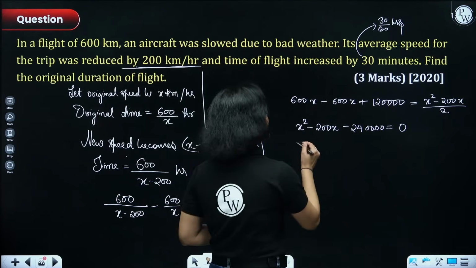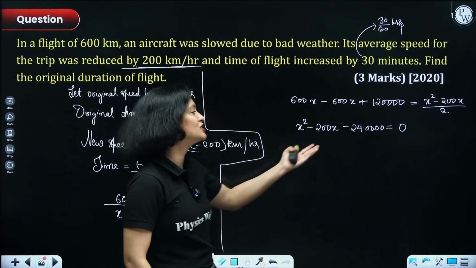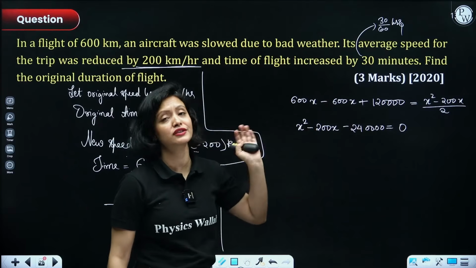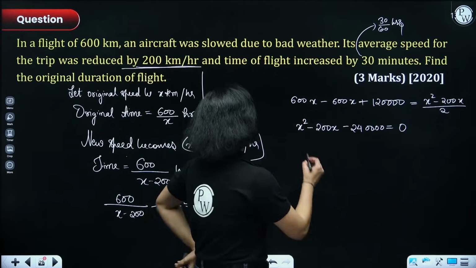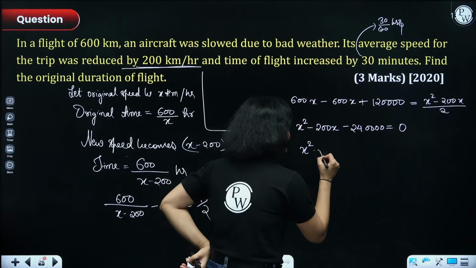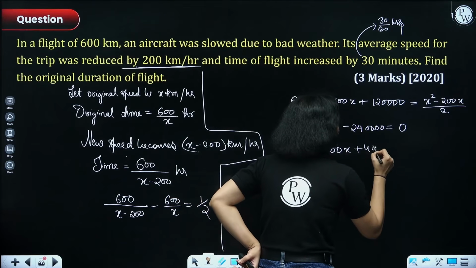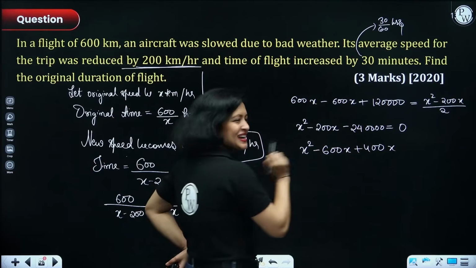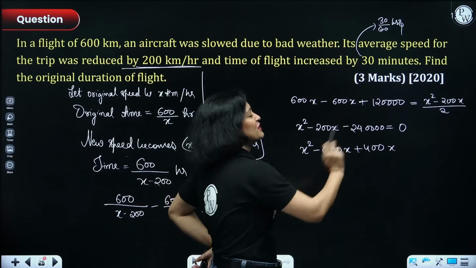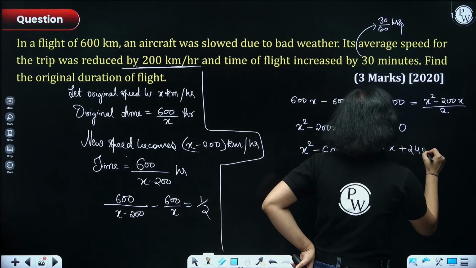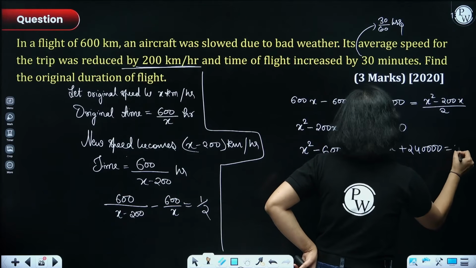Now, how can you break it? You have to figure out two numbers whose product is 2,40,000 and the sum is negative 200. I think the numbers are very easy to figure out. It would be negative of 600x, positive of 400x. This would give you negative of 200x and multiplication would give you 2,40,000. Very obvious, right? So minus 2,40,000 is equals to 0.